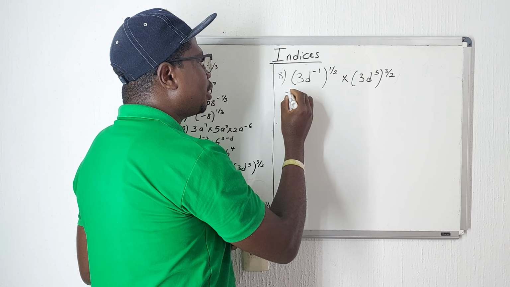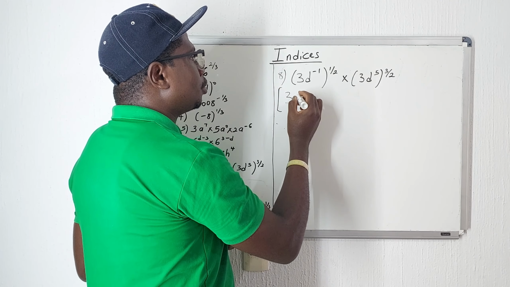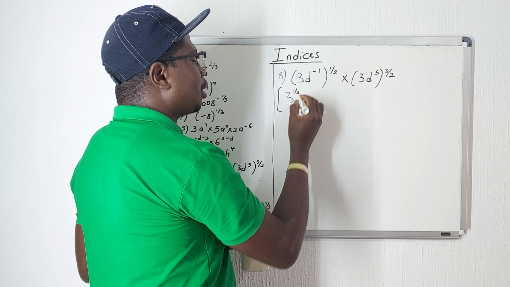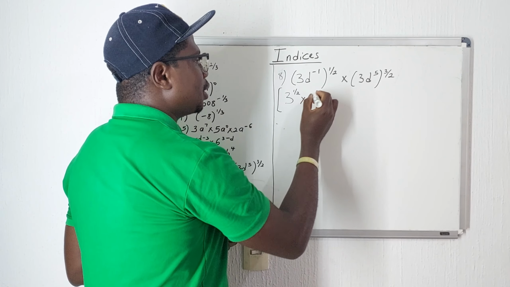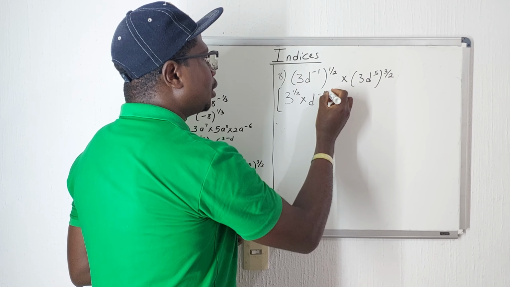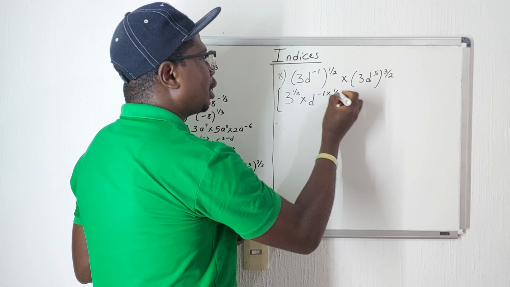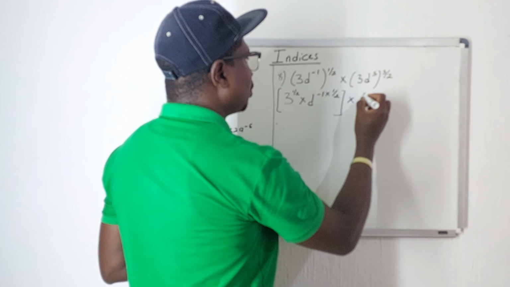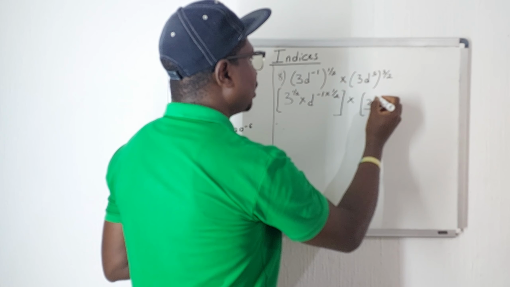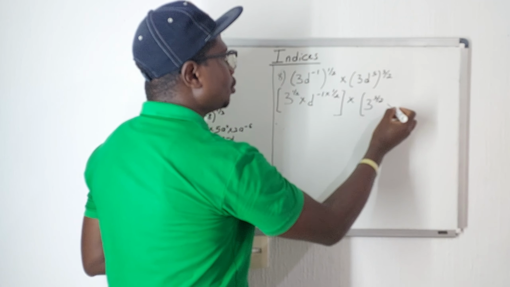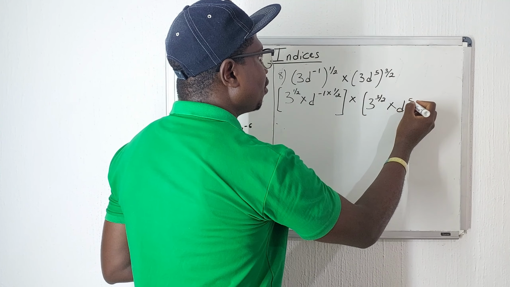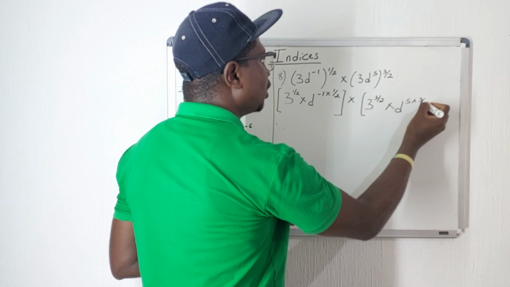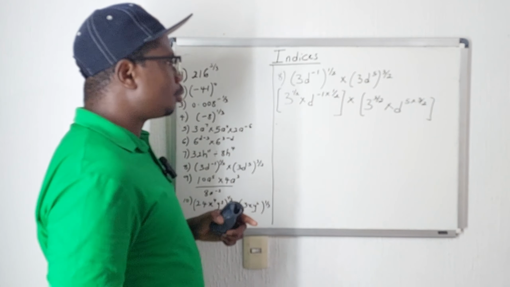So that will be 3 raised to the power half times d to the power minus 1 times half, close this bracket, times, open another bracket, 3 to the power 3 over 2 times d to the power 5 times 3 over 2.